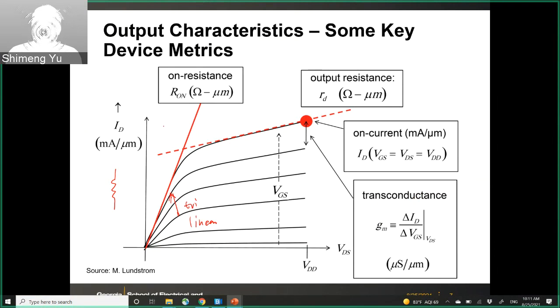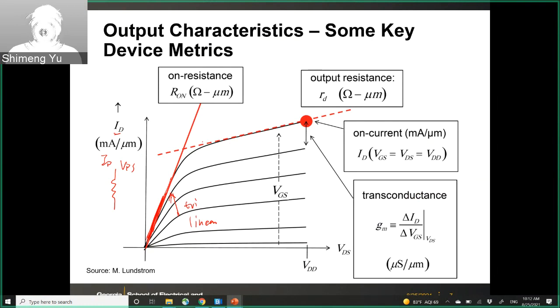Why is that? Because here you see this ID is proportional to the VDS. So it's a linear resistor in this region. This resistance is called the channel on-resistance, and it is given by 1 over the slope here. This is in the linear region.